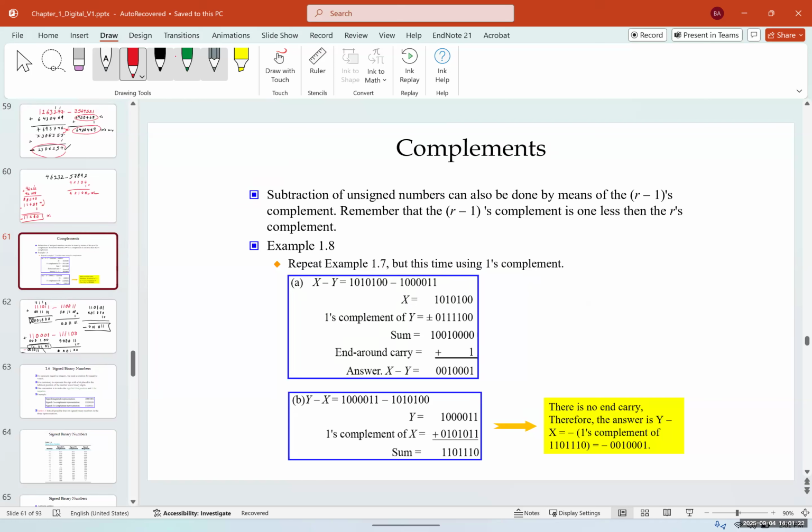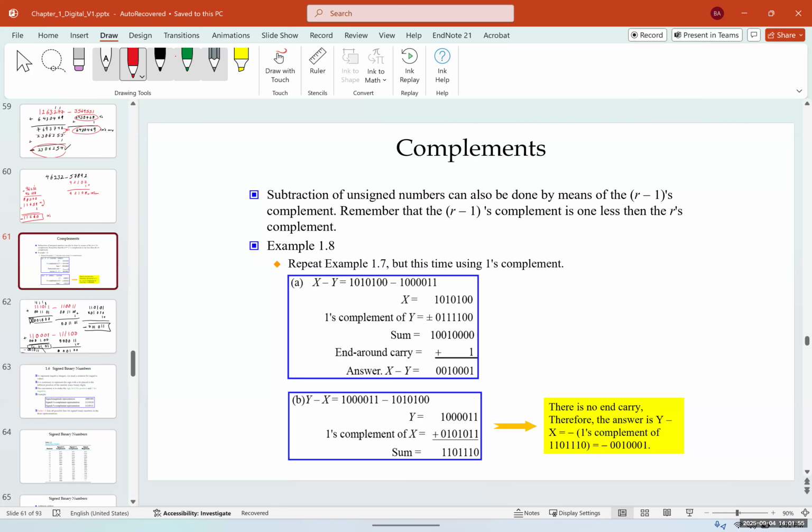So I mentioned that we can use the r's complement. We can also use the diminished radix, or the r minus ones complement, to do subtraction as well. Subtraction of unsigned numbers can also be done by means of the r minus ones complement, the diminished radix complement. Remember that the r minus ones complement is 1 less than the r's complement. For this example, we will repeat the previous example.